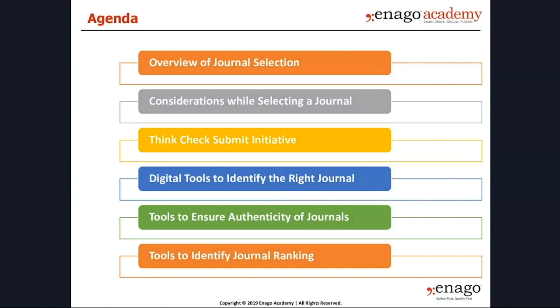I'll introduce you to the Think, Check, Submit initiative, and we'll look at some platforms and tools that are available from publishers and Enago themselves of how to identify suitable journals, and some tools and websites to ensure the integrity, authenticity, and the rank and relative importance of journals that you might want to choose between.